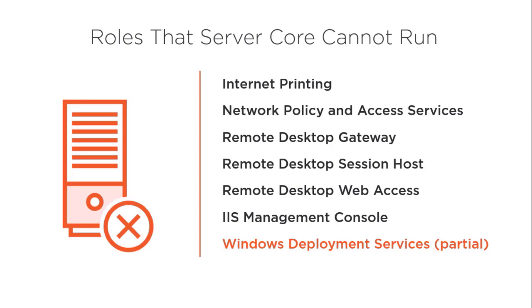I understand you may not know what these are, but don't worry. I will discuss all of these in detail in future videos. But remember, these are services which cannot be run if we install the server in Server Core mode.